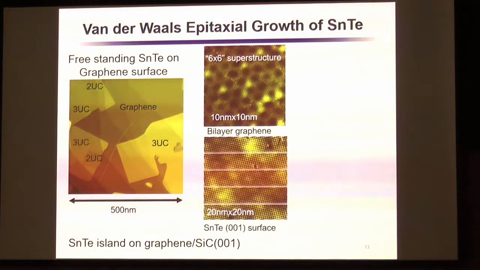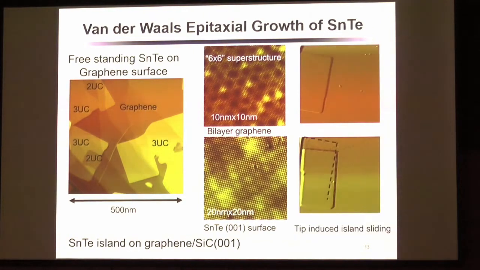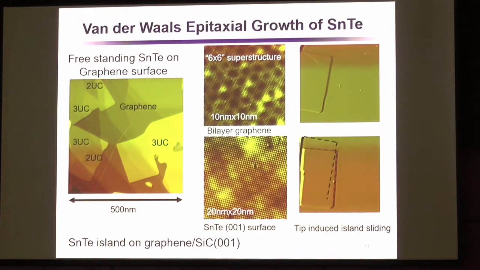If you zoom in on this island, you can see a perfect square lattice. There are almost no defects. This is the 001 surface of the tin telluride. Occasionally, we scanned this island, which is 100 nanometers in size.